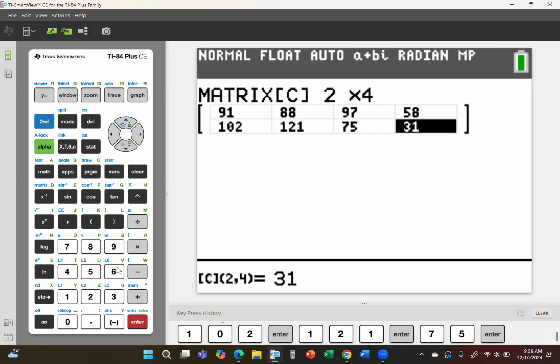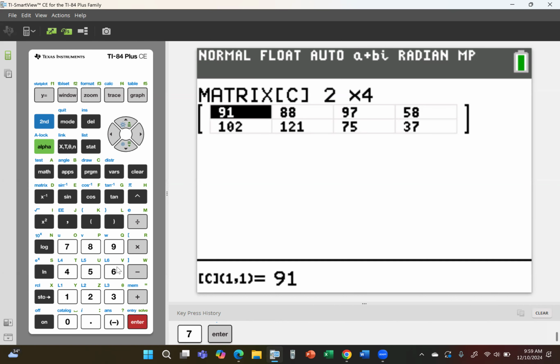And 37. Okay, I'm going to do a quick check. 91, 102, 88, 121, 97, 79, 58, 37. Since I put the matrix in by rows, I normally check by columns just to make sure I have it in there correctly. All right, so now we're going to go put the expected values in.